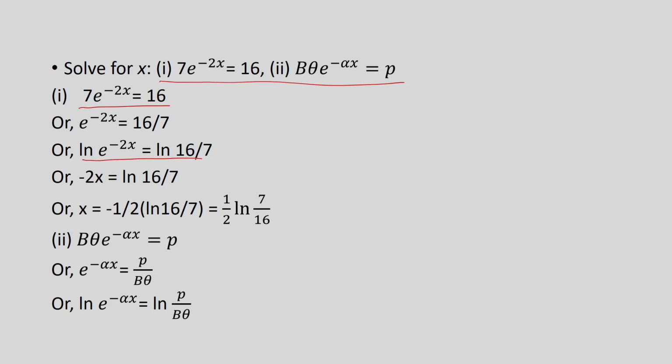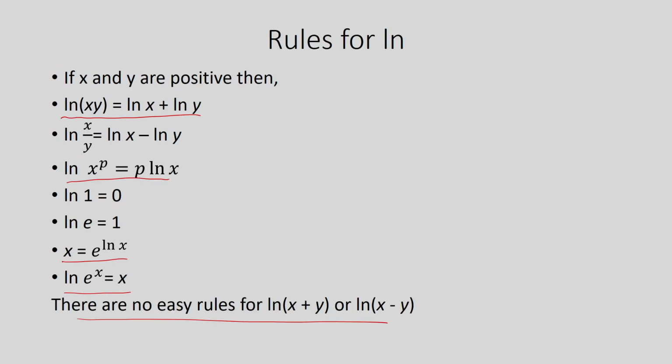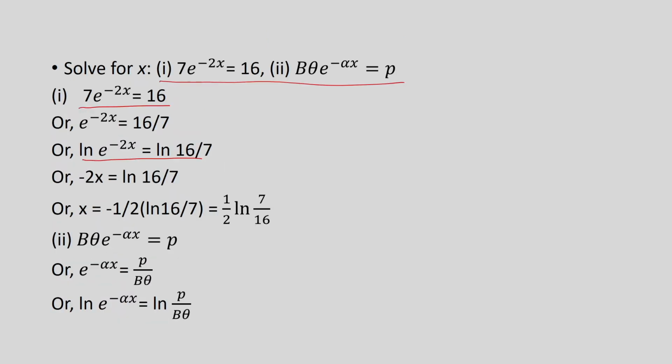Now, if I take log of e to the power minus 2x, then it simply becomes minus 2x. So, how do I know that? Here, this is the rule that I am using: log of e to the power x is equal to x. So, log of e to the power minus 2x is equal to minus 2x, and on the right hand side the expression remains the same.